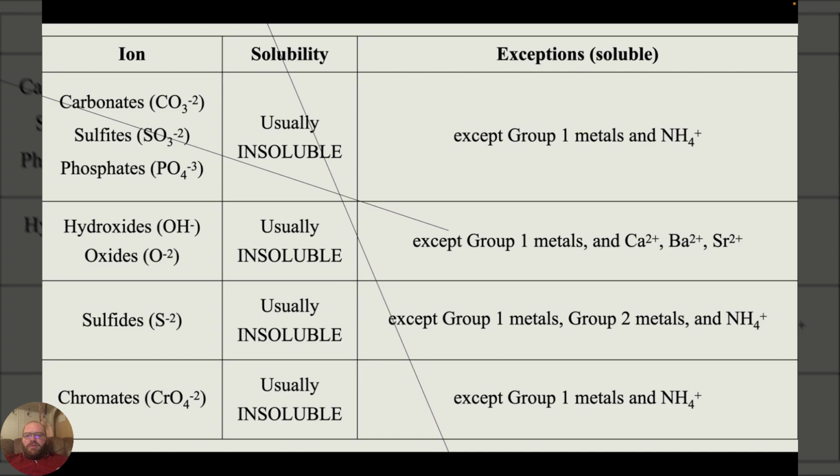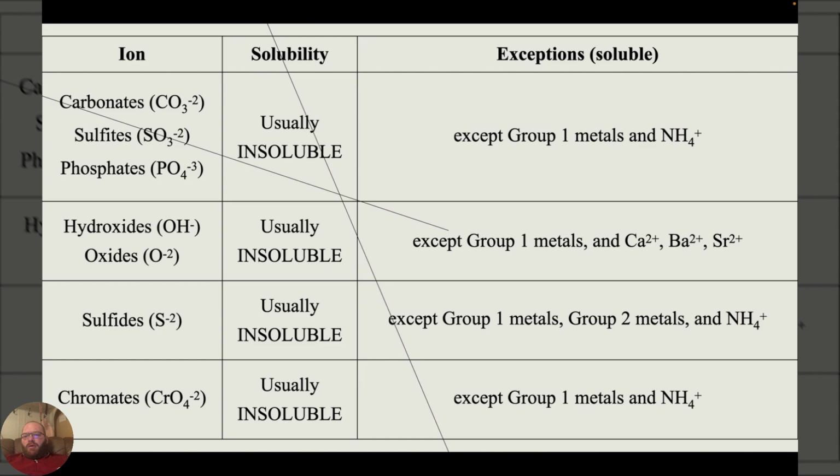This other chart, all these are usually insoluble unless those exceptions are met. And most of these exceptions are in the top chart, the group 1 metals and ammonia. So it's those that are always soluble anyway. So this first row, carbonates, sulfites, and phosphates, insoluble unless they're mixed with group 1 metals and ammonia.